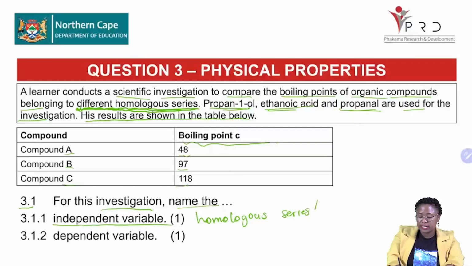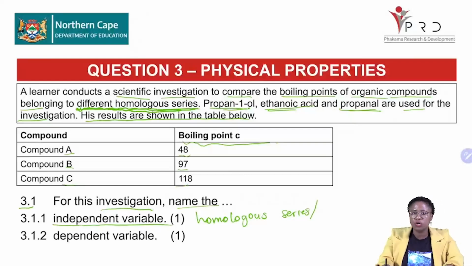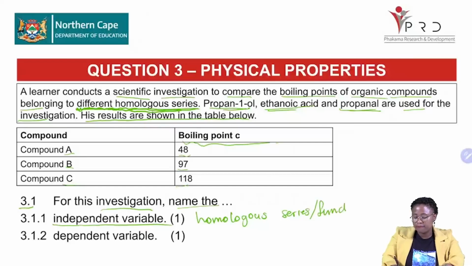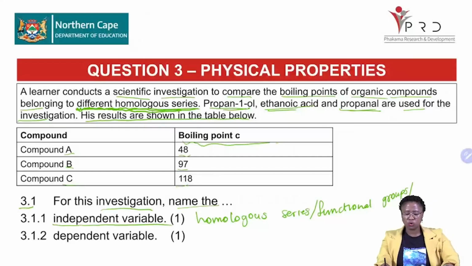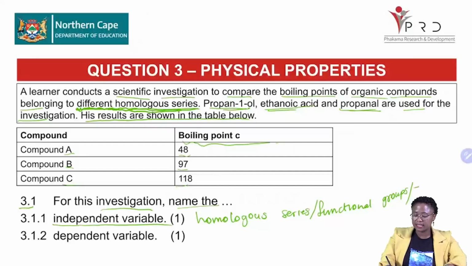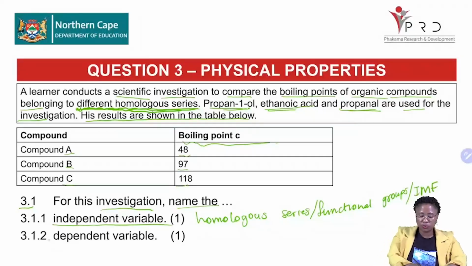Is this the only independent variable that I have? No. Remember, if they have different homologous series, that means they also have different functional groups. If they have different functional groups, that means they also have different intermolecular forces. Very important to remember.